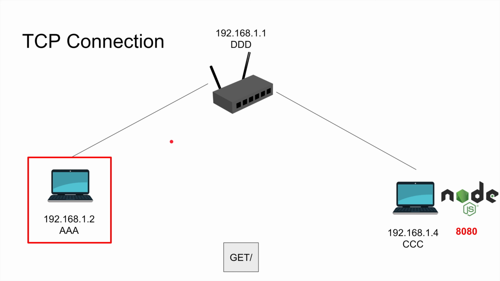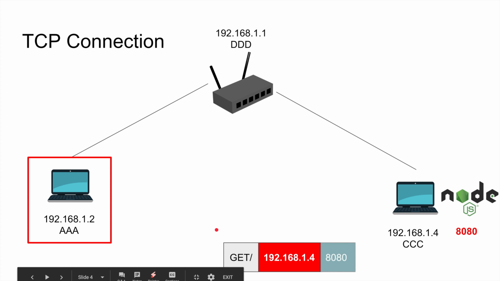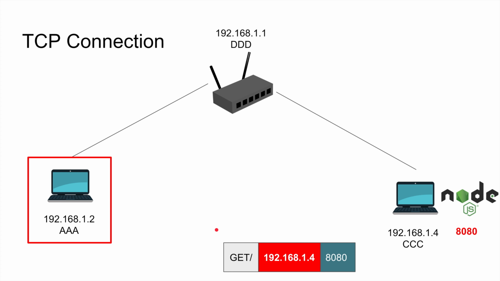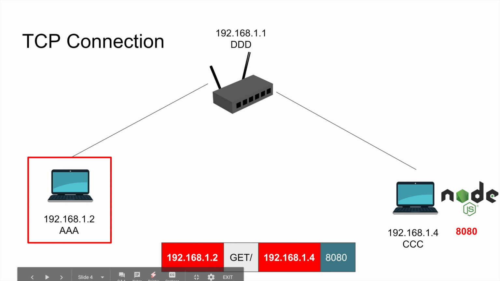We take the GET request, and I want to send it to the target IP address 192.168.1.4. This is the layer 3 part, and I want to go to port 8080, because it's not enough to just specify the IP. You really need to tell where you are going, and then I am coming from 192.168.1.2. These two can access each other.